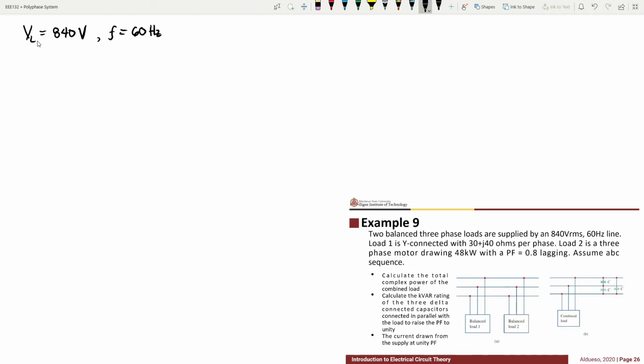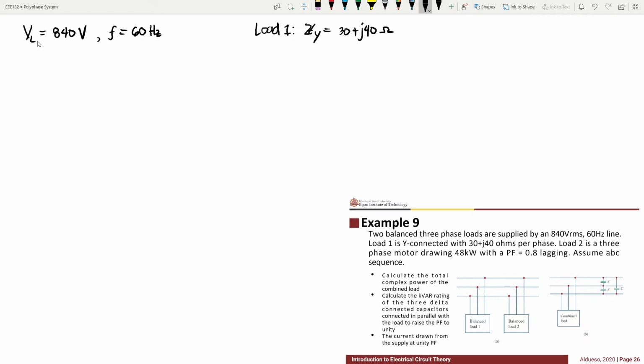Now for load 1, we have Z_Y equal to 30 plus j40 ohms.